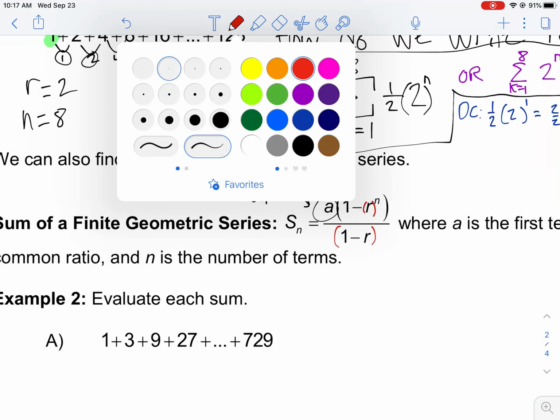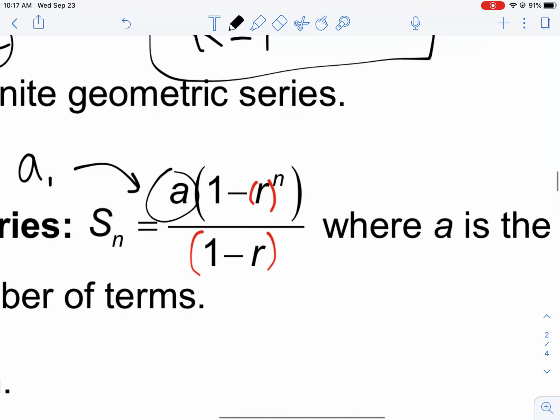Okay, all right. So essentially, I'll just read the equation. It's your first term multiplied by 1 minus your common ratio raised to the nth power. Now notice this n is on the inside. It's not on the outside of the parenthesis. This n is solely over the common ratio.